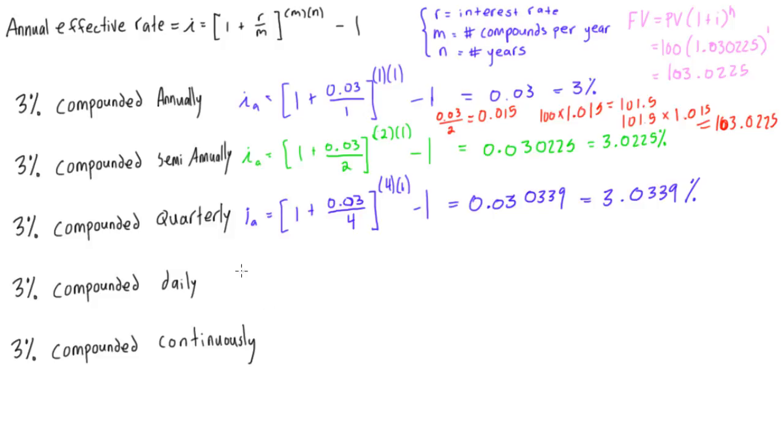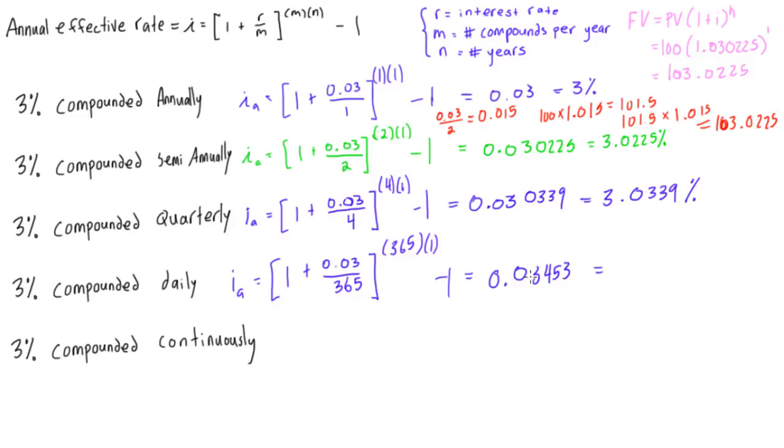Okay, moving on. We're going to do this 3% compounded daily. So we're going to compound this 365 times in a year. So we'll get 1 plus 0.03 over 365 to the power of 365 times 1 minus 1. Now, if you solve this in your calculator, we're going to find that our annual effective rate is going to be 0.030453.